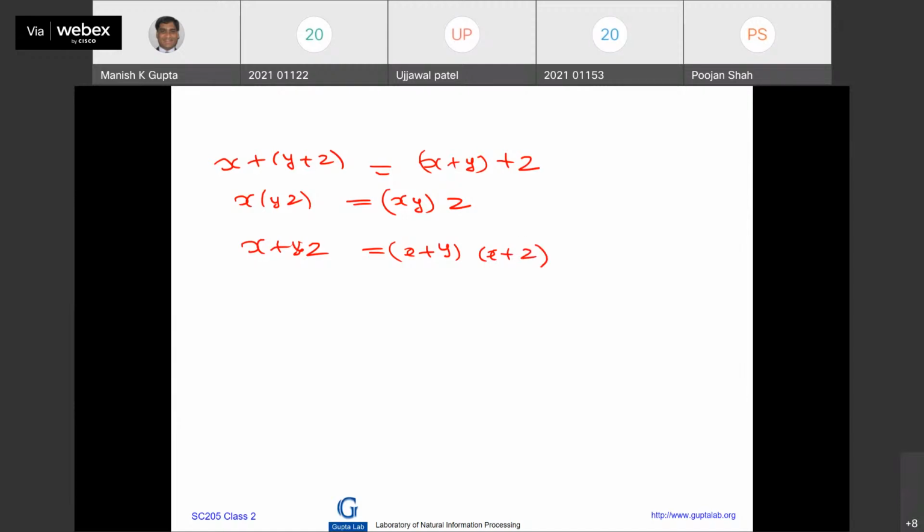You know what is happening here? Plus is distributive over this multiplication, right? I hope you observe that. Similarly, X times (Y plus Z) is equal to XY plus XZ. These are known as distributive law.